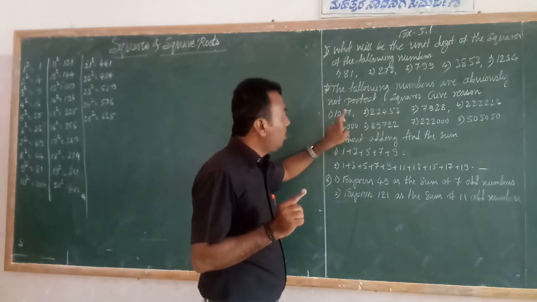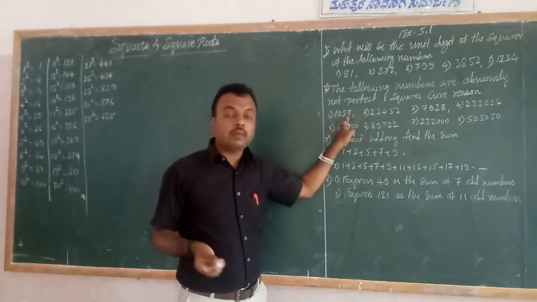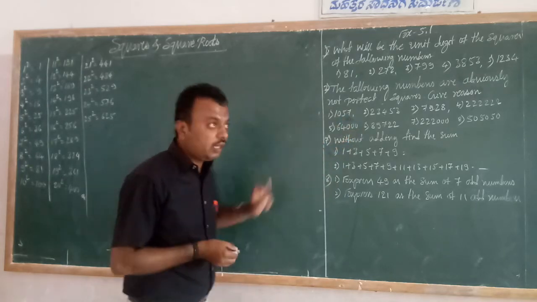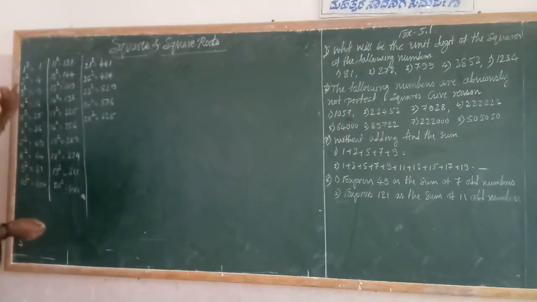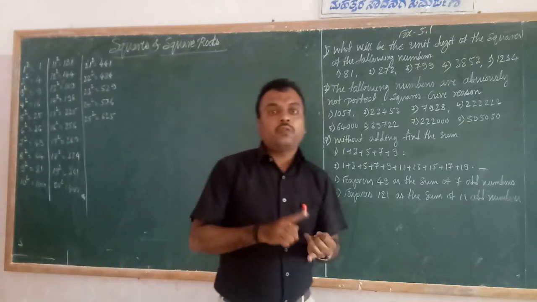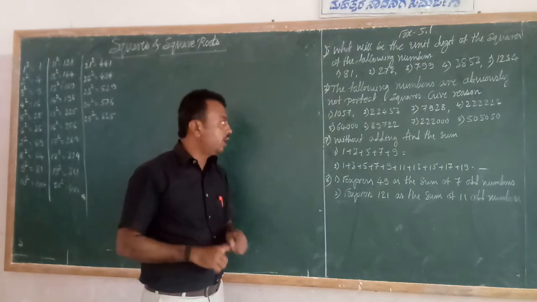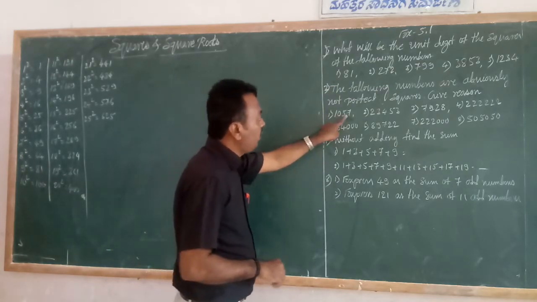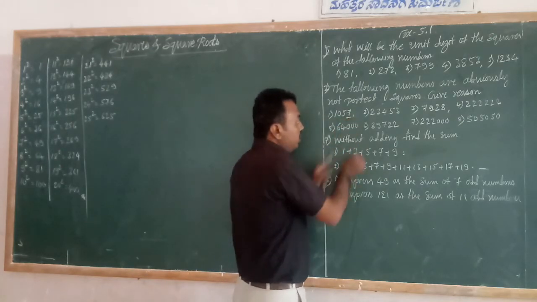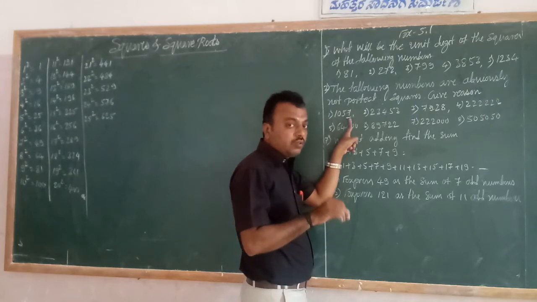If you want to identify which are perfect square numbers, I told you the last digit ends with 1, 4, 9, 6, 5 and 0. But here in 1057, the ending digit is 7. So it is not a perfect square number, because the ending digit is not 0, 1, 4, 5, 6, 9.